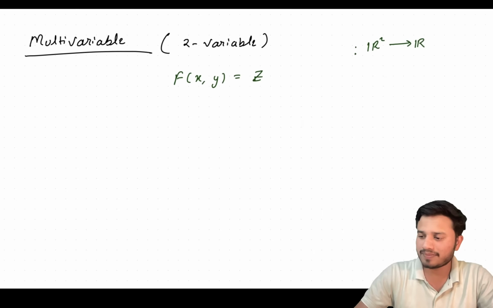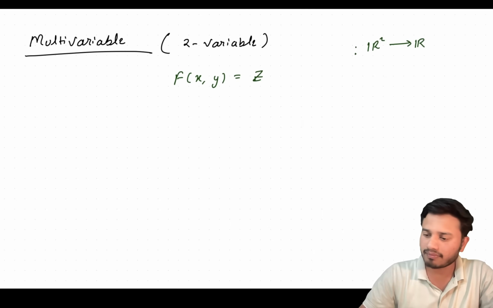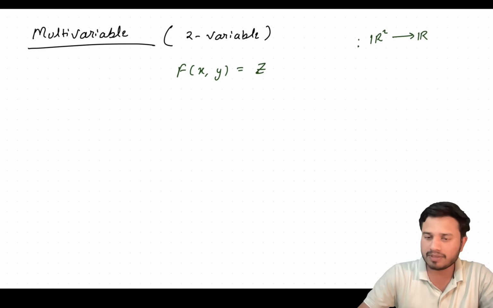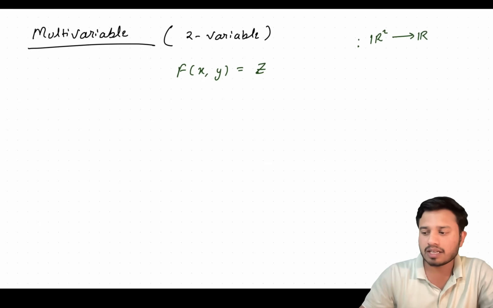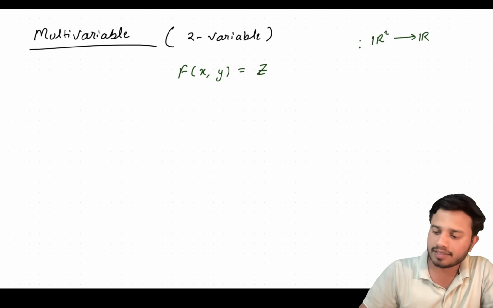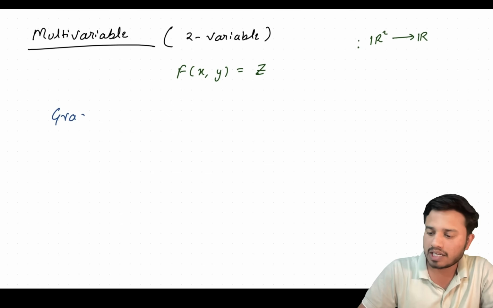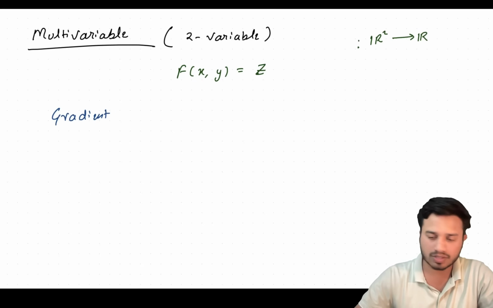So okay, in the multivariable case, some function of this type is given. Not going into too much detail about the gradient part of vector calculus, but I can tell you something.